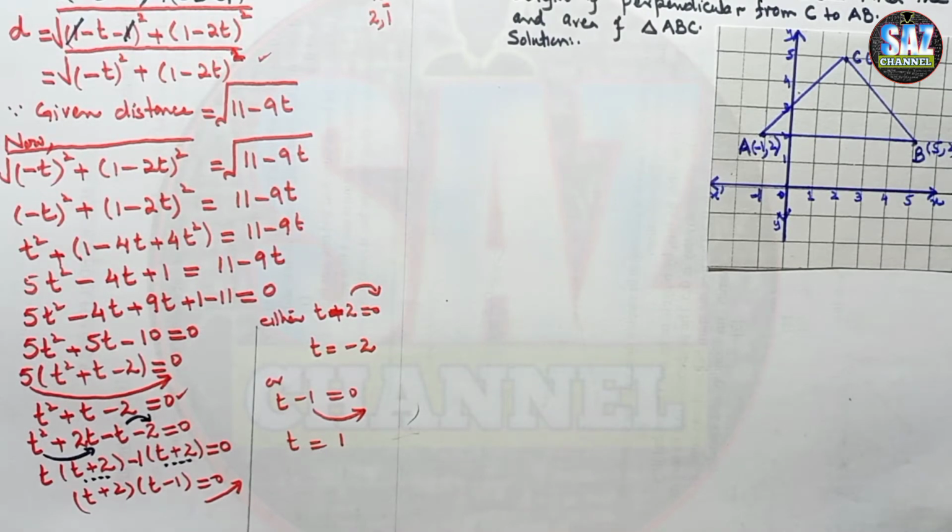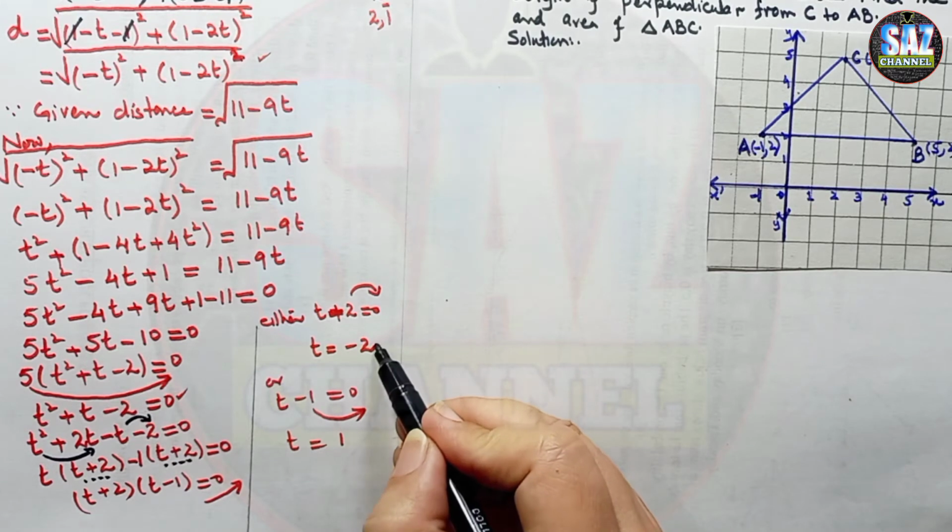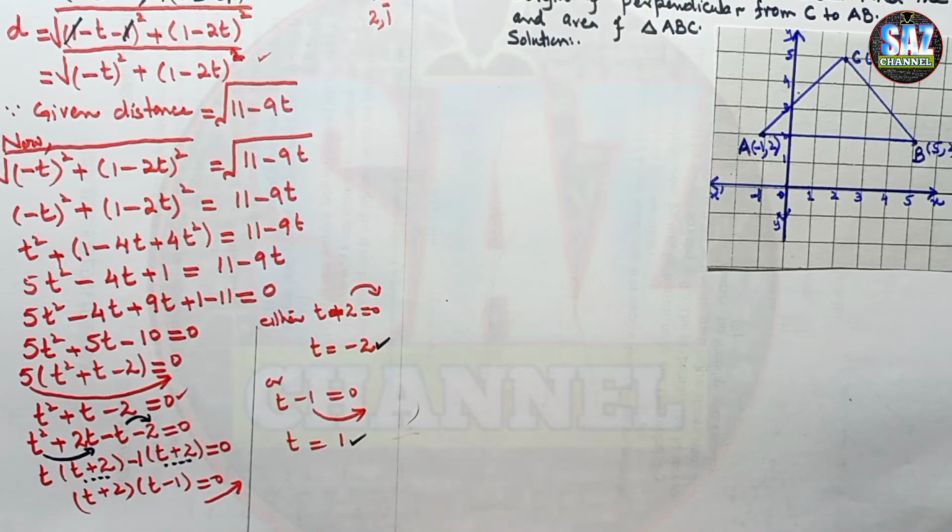So I hope you are clear how we are finding the possible values of t, which was the requirement of the question. Okay, let's quickly move to the next question.